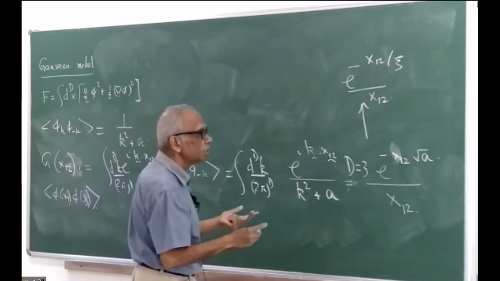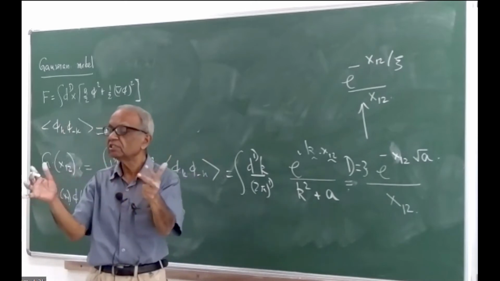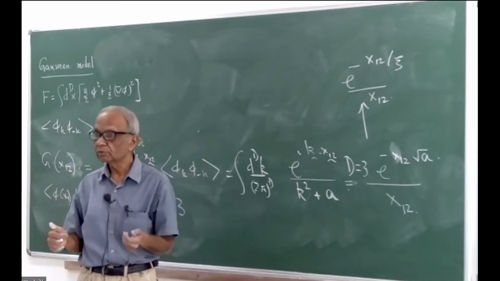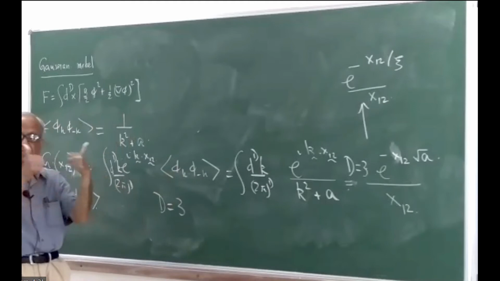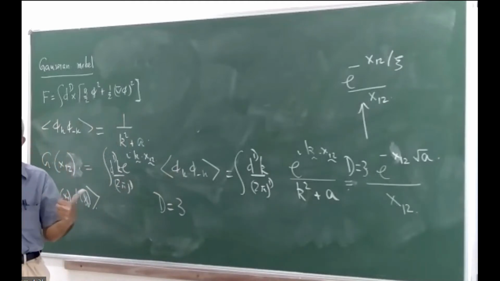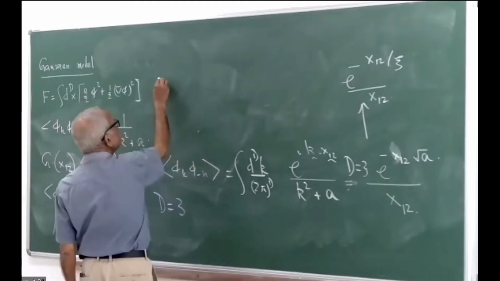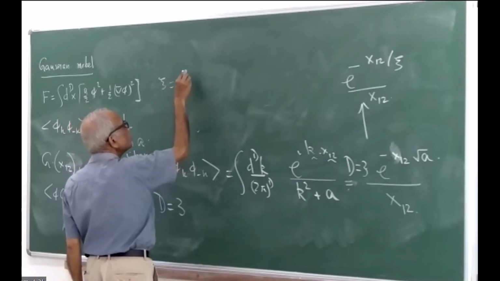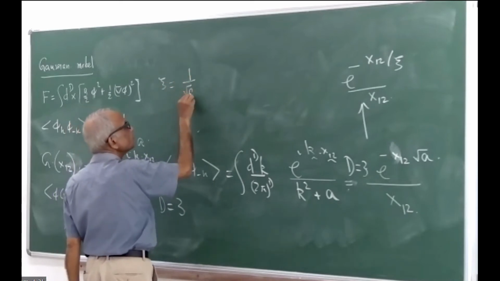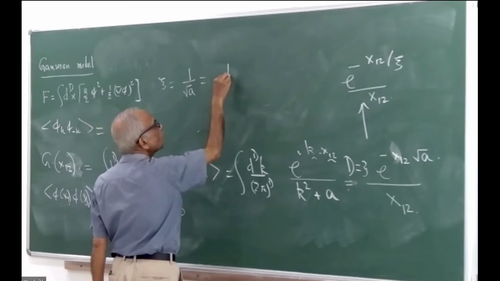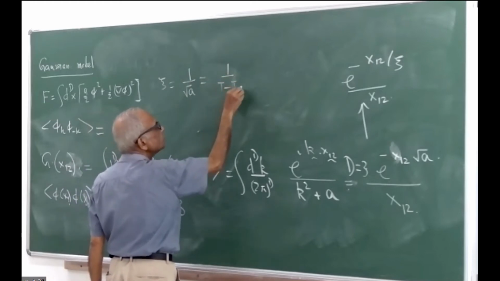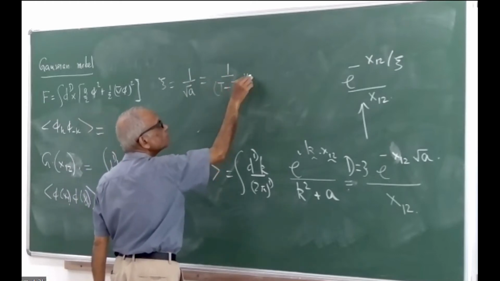Xi is the correlation length, which is the spatial scale of the problem. This problem is scale free at the critical point, because xi is equal to 1 over square root of a, equal to 1 over t minus tc to the power half.